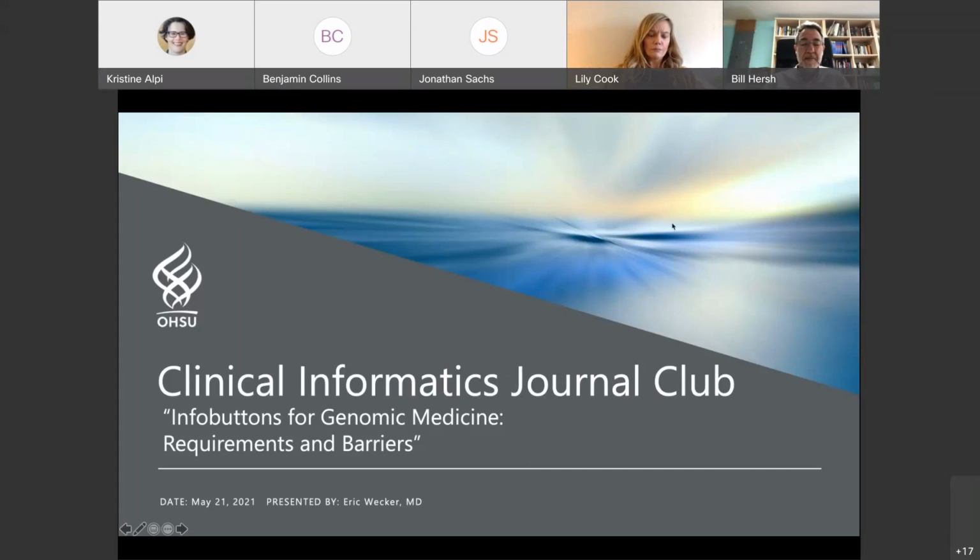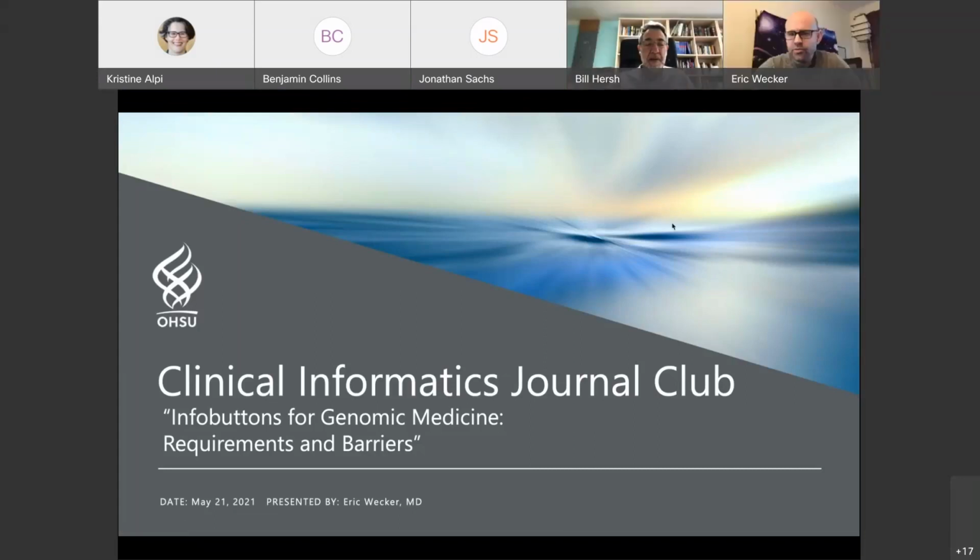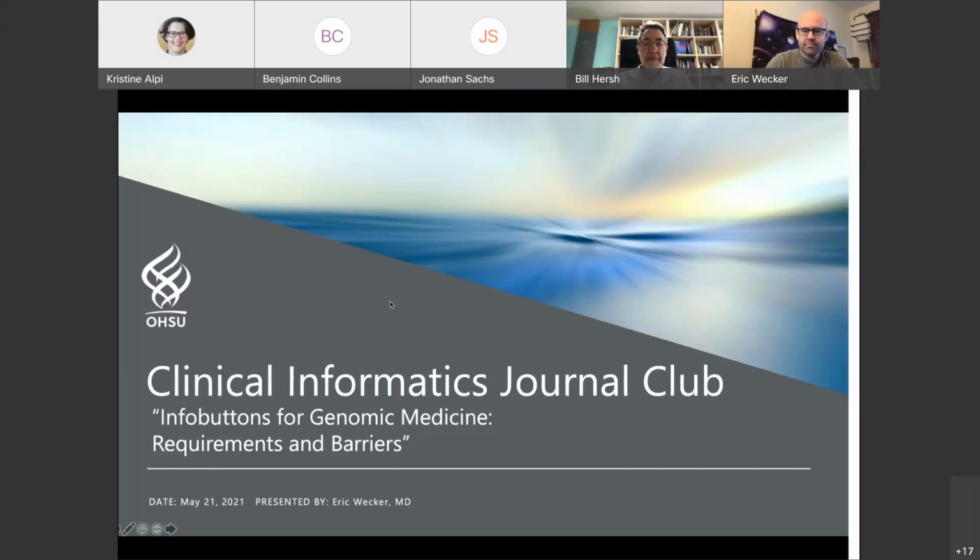Thanks, Bill. So Bill just mentioned that this might be of some interest to some of the biomedical folks, which I certainly hope will bring some interesting perspectives to the discussion. This paper is called Infobuttons for Genomic Medicine, Requirements and Barriers.